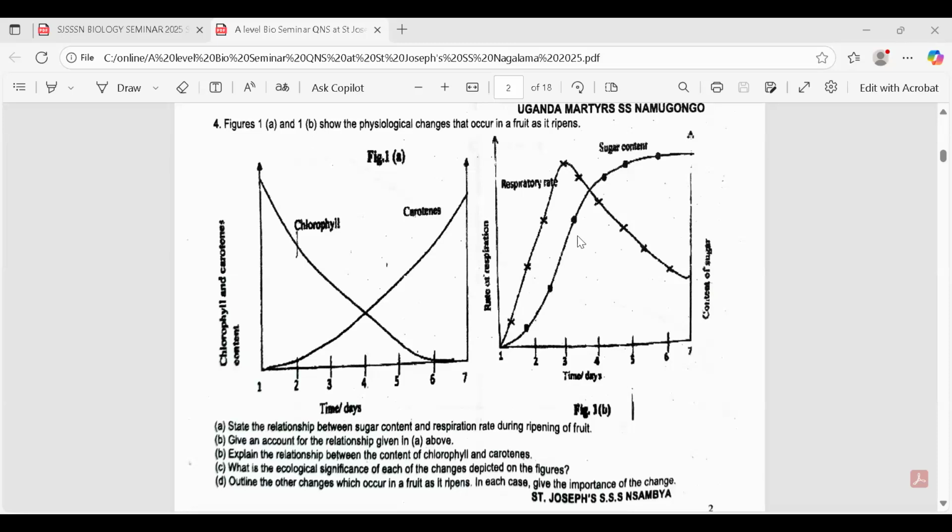To attain a maximum. Now, there is a difference between a peak and a maximum. For a peak, it increases, then it decreases. It attains a peak, then it decreases. And then for a maximum, it increases, then it stays uniform.